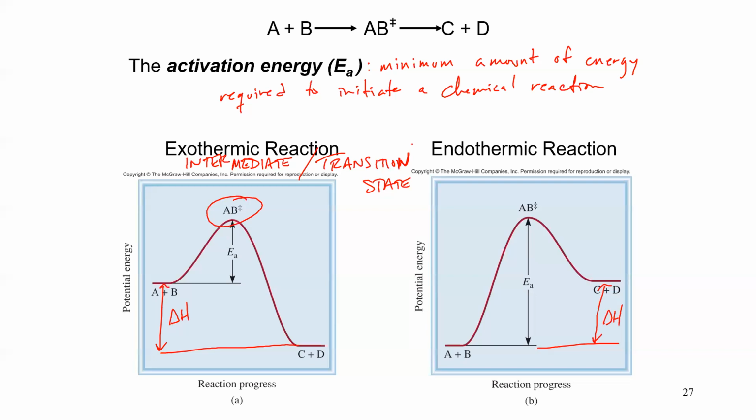Which of these two barriers is it easier to get over? Exothermic. Anyone? Which one has a smaller activation energy?